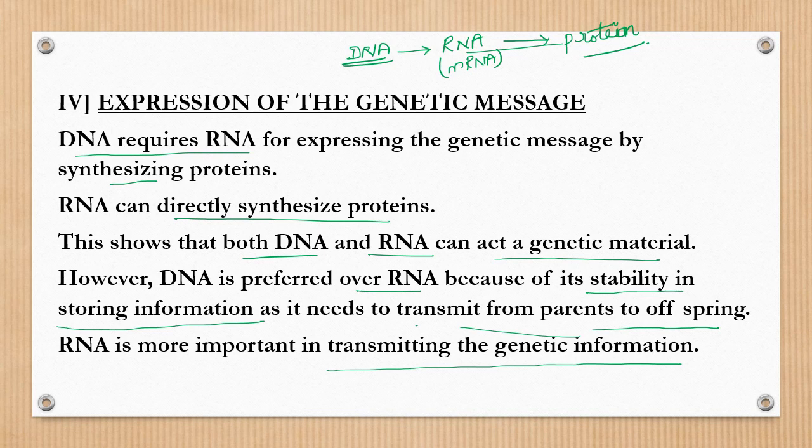But if DNA wants to transmit that information, DNA compulsorily depends on RNA. That's why RNA is important in transmitting genetic information. So both are important. DNA has the ability to store information. If you want to transfer it, it requires RNA. Otherwise, directly it is not possible.